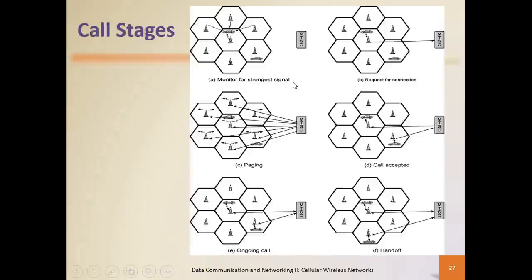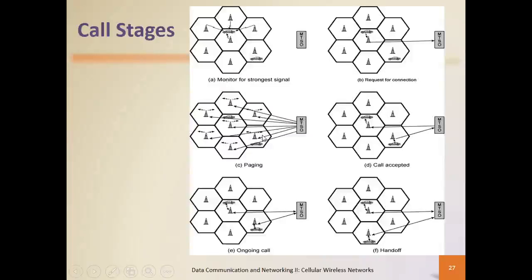And then when a call request for connection comes through, it broadcasts or pages all the various cells to identify where the requested mobile unit is within its managed cells. So you can basically identify where to send the request to.